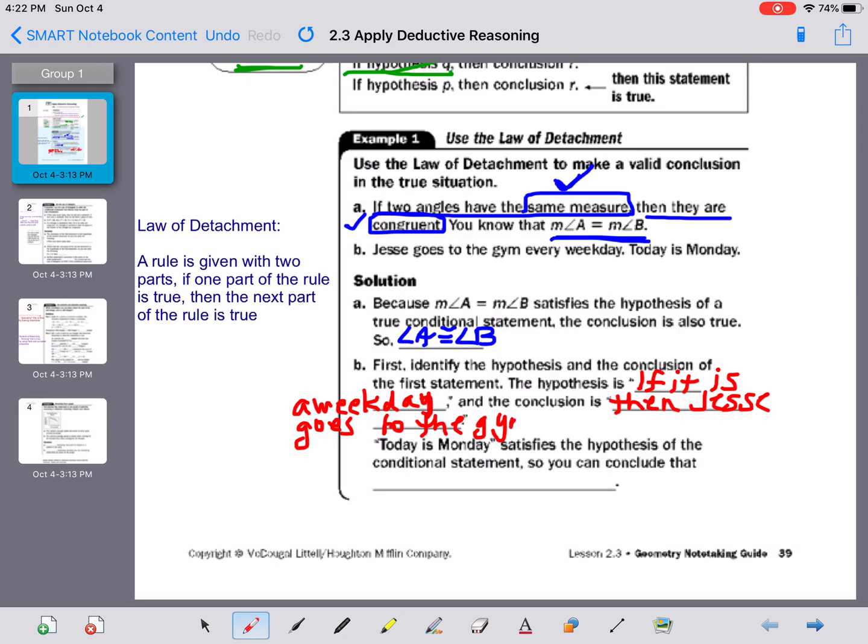Okay, you can do that, or if you can look up there and see the two parts, Jesse goes to the gym, that's one part, when on a weekday, you just need to see the two parts. So whether it's in if-then form or not, it still works that way. They tell us today is Monday, that covers the weekday part, which means what's my conclusion? Jesse goes to the gym.